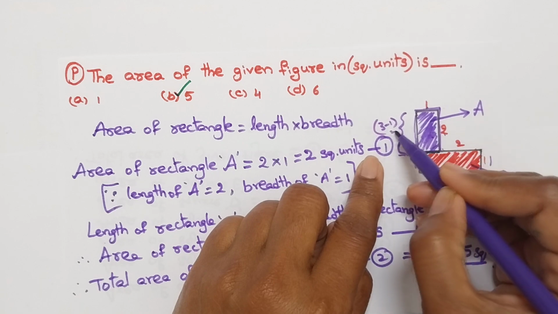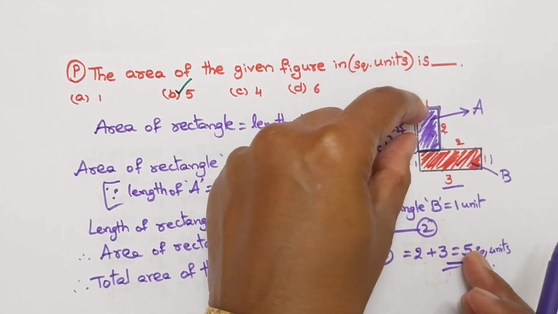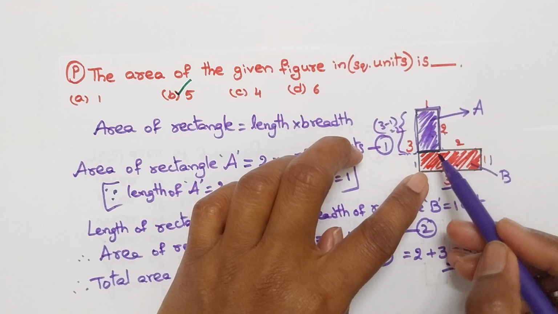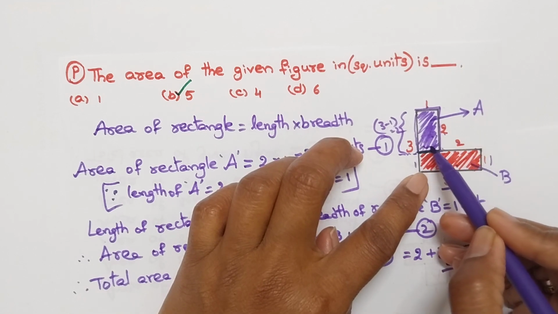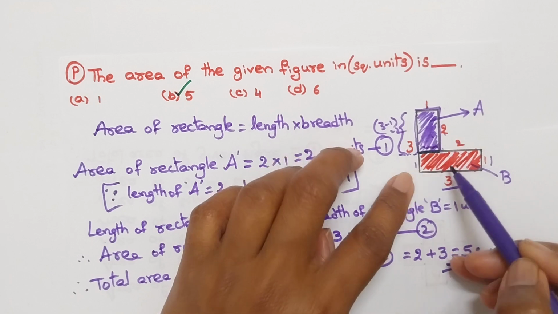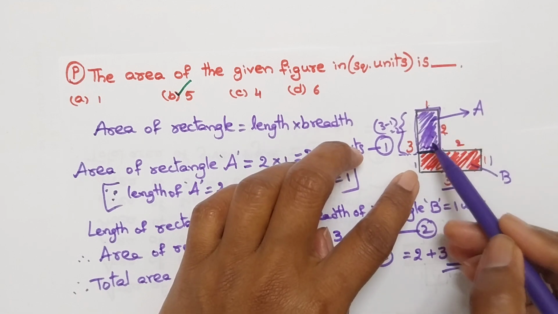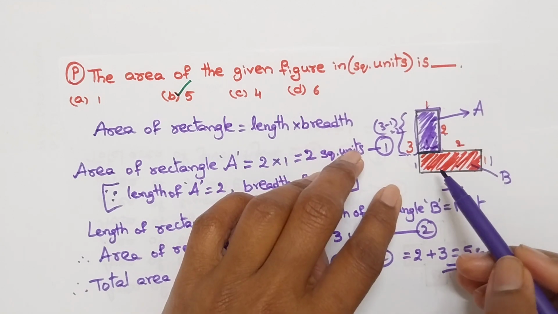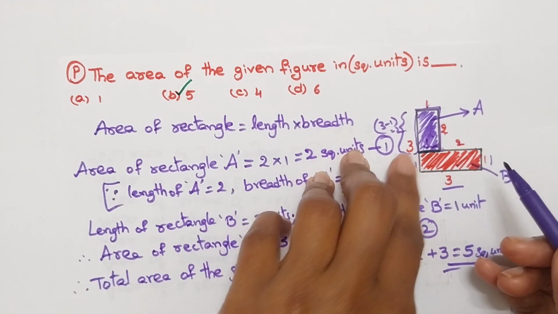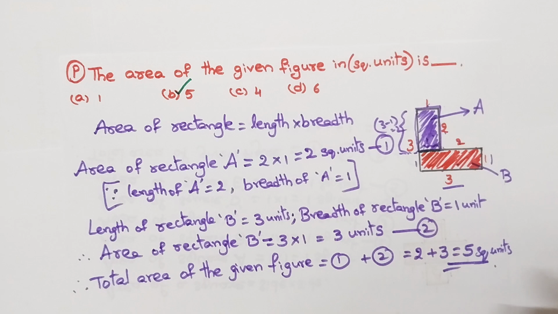So it becomes 2 only. And here, as this is looking like 2, we add this small portion. How much is this small portion? 1. So 2 plus 1 becomes 3. So just get clarity about these partitions.